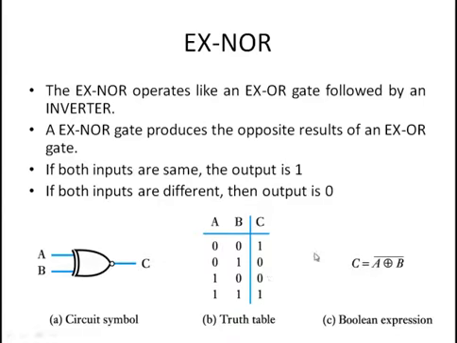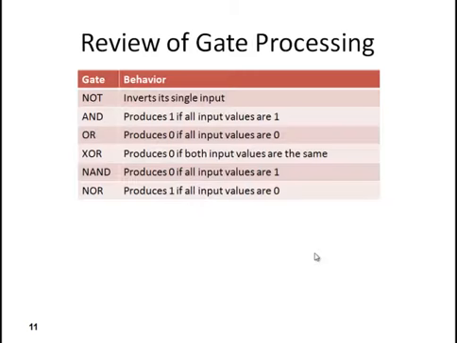So this point is important: in case of XNOR, the output is high only when both the inputs are the same, but in case of XOR, the output is high only when the inputs are different. The XNOR gate is also called the equivalence gate, while the XOR gate is called the comparison gate. Next, a review is given here of the different gates and their behaviors.